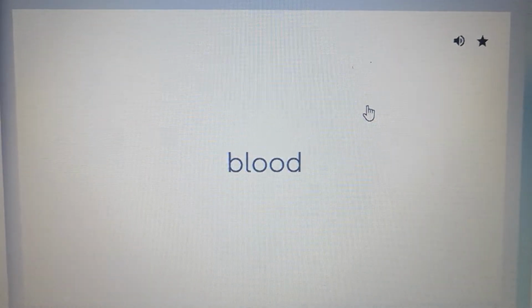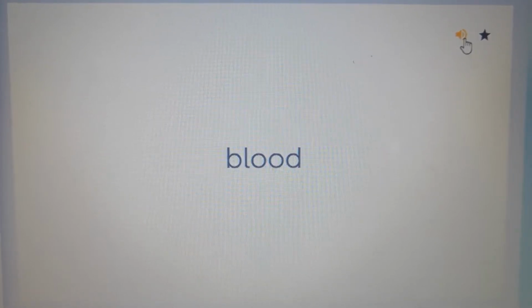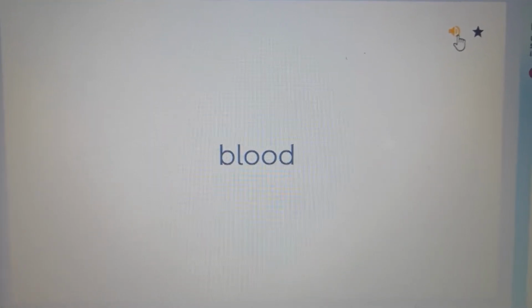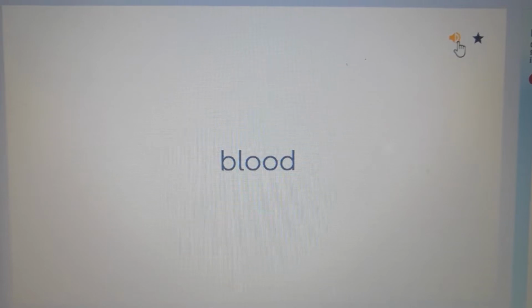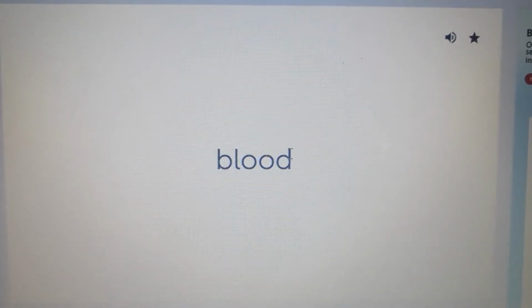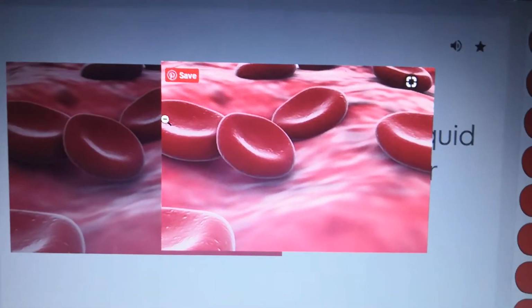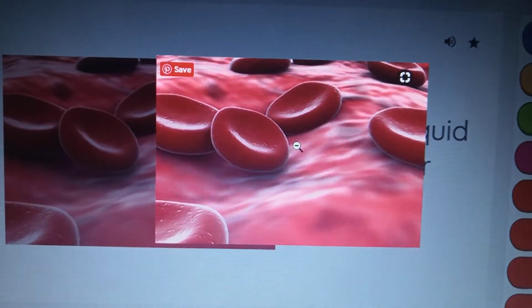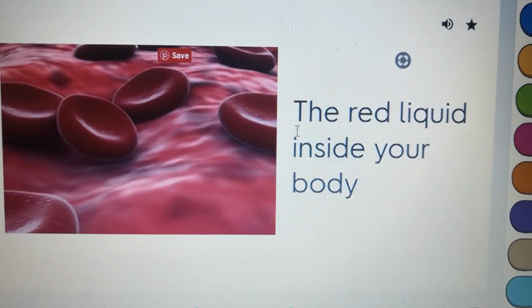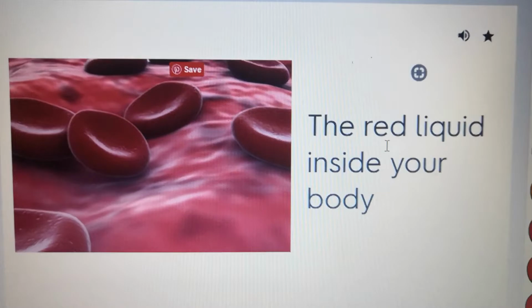This word is blood. Say the word again. Blood. Blood. Look at this picture. You see this picture? The red liquid inside our body is called blood.